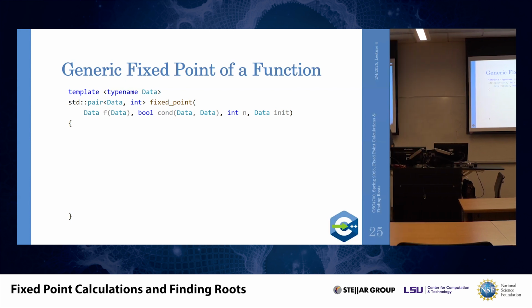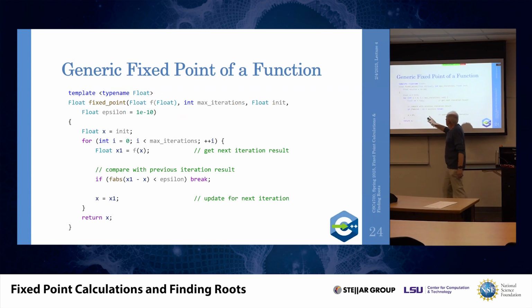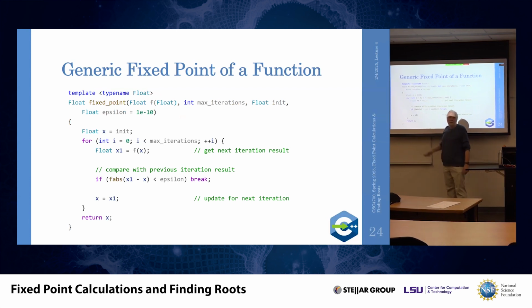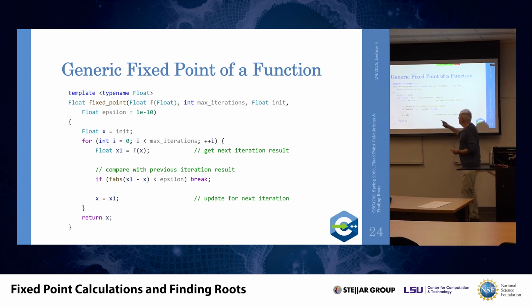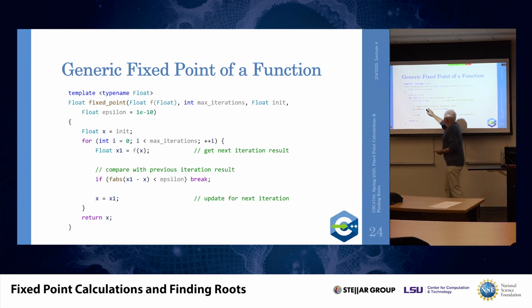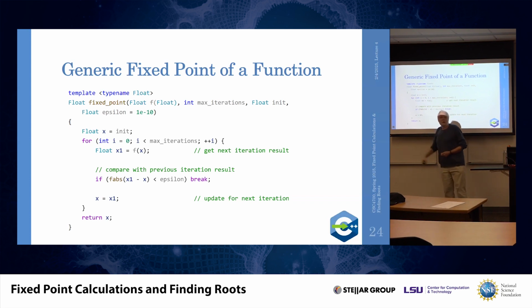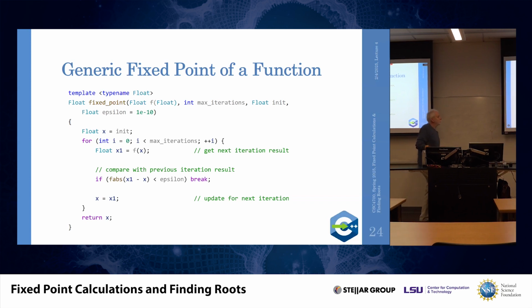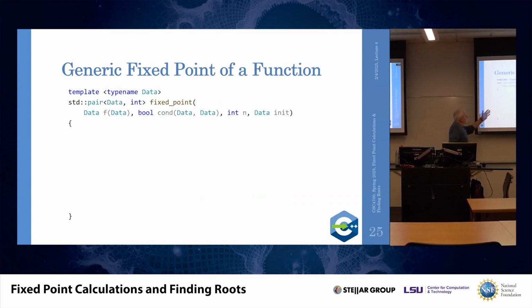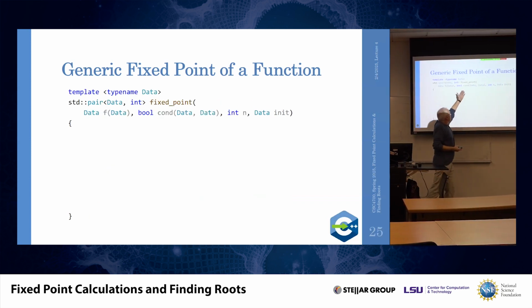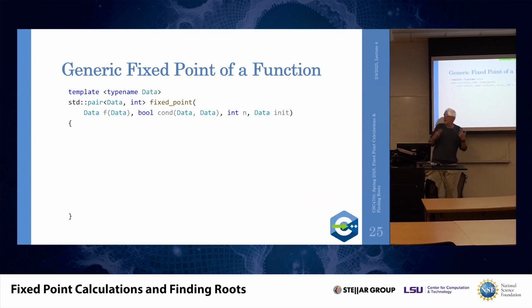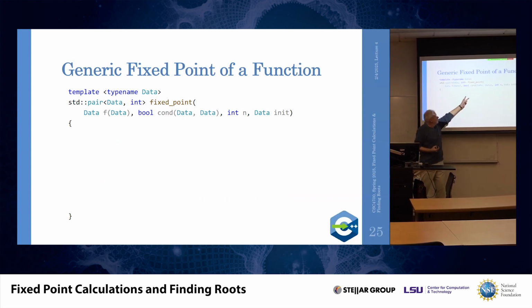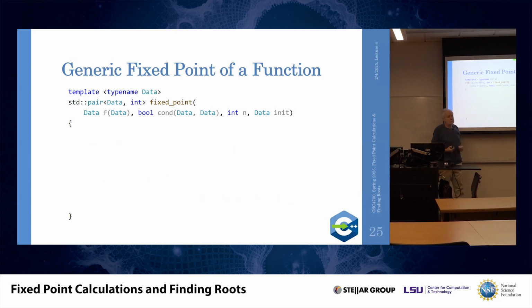The second thing I want to do, instead of explicitly checking for the difference between the previous and the current iteration and comparing it with the epsilon, I want to generalize this expression as well. I want to leave that to the user to define the termination condition of my loop. So that's why I added another argument, which I called cont, which, as you see, is another function which expects two of those things and returns a bool.